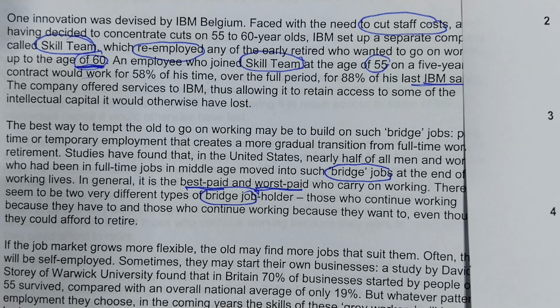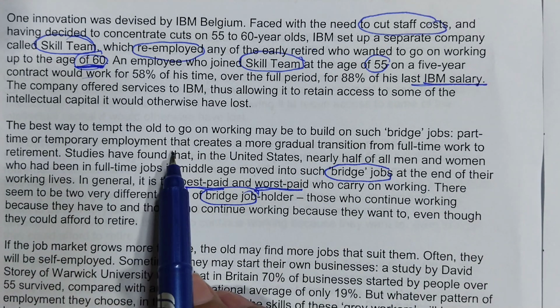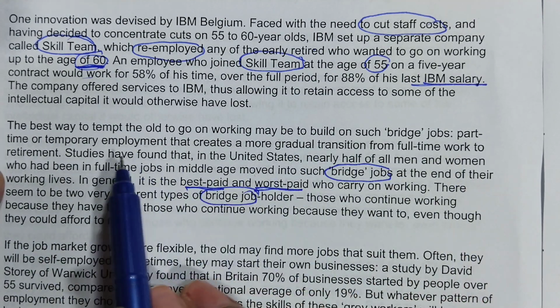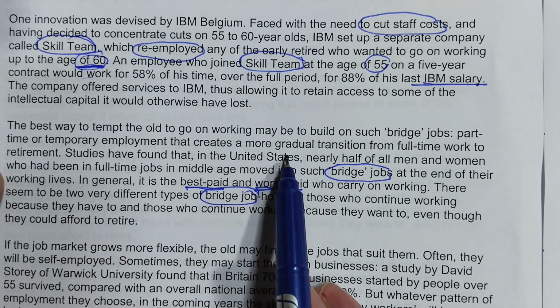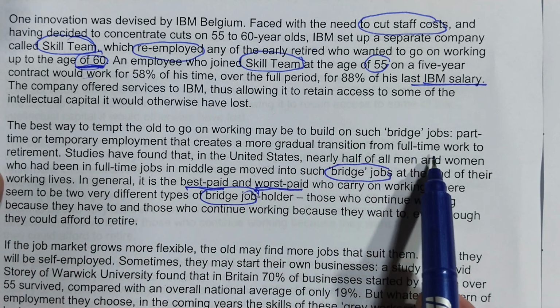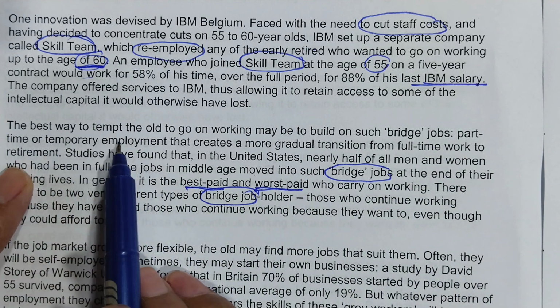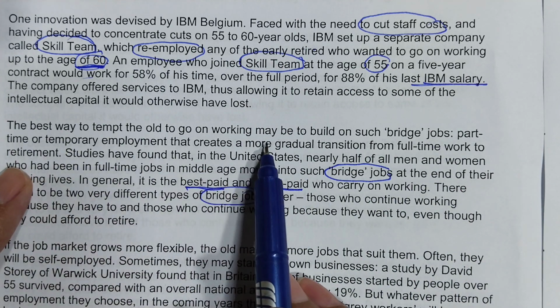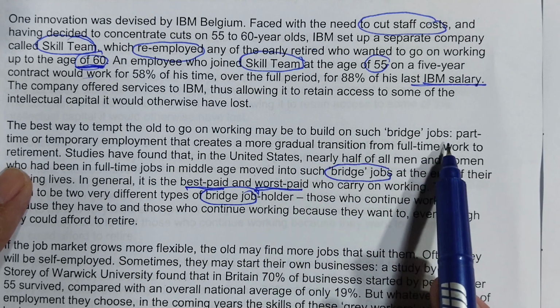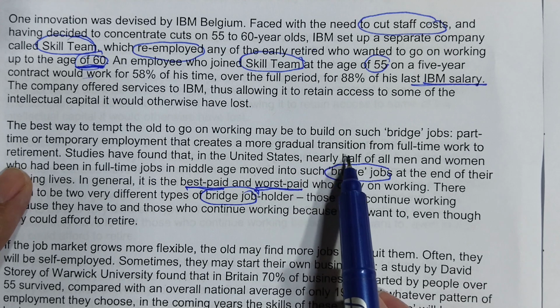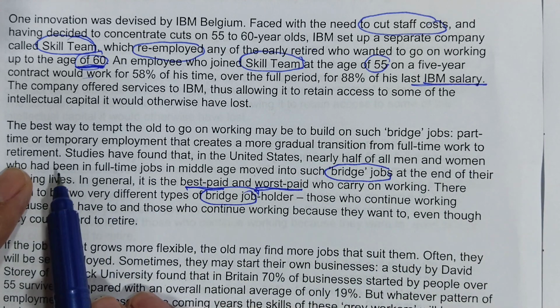So in the option there was part-time or temporary employment that creates a more gradual transition from full-time work to retirement. They are saying the best way to encourage the old to go on working may be to build on such bridge jobs, part-time or temporary employment that creates a more gradual transition from full-time work to retirement.